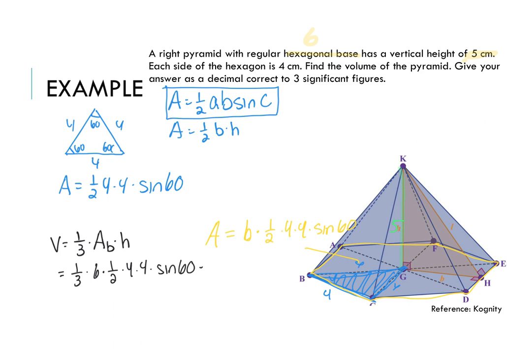At any point, feel free to simplify this if you want to. I'm just keeping everything here so that we don't make mistakes when we put it in the calculator. And then the height of our pyramid is 5. And when you put all of this information in your calculator, you're going to get that the volume is 69.3 centimeters cubed.